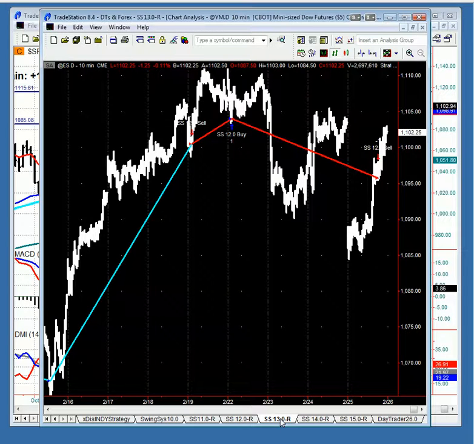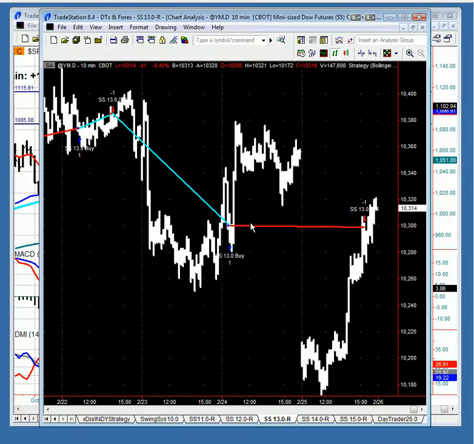Swing system 13.0R, really being able to weather the storm, being long, but being able to weather the early session gap right there, and actually came back for a short bias, which could go either way right now as we're at this fulcrum. So this is going to be some good exposure to have if the bears do continue to maintain their influence, although right now, on a short-term basis, the bulls actually have a slight edge in the market.